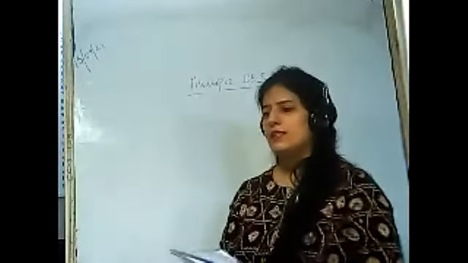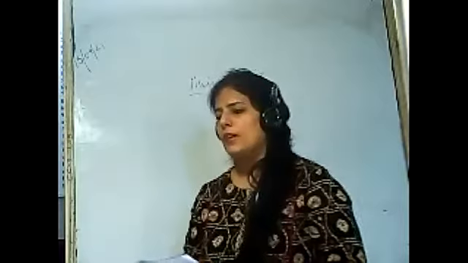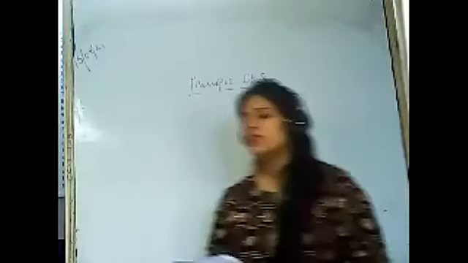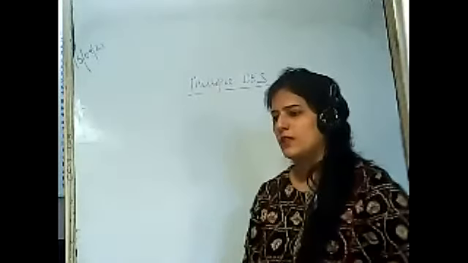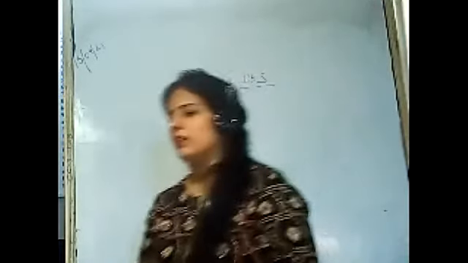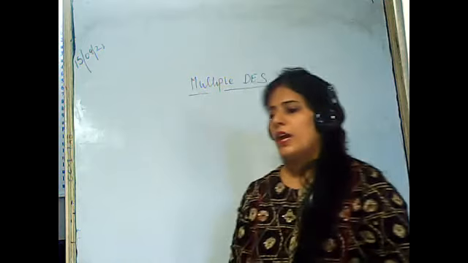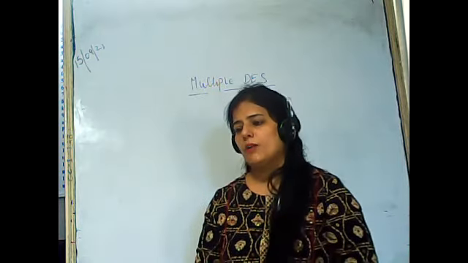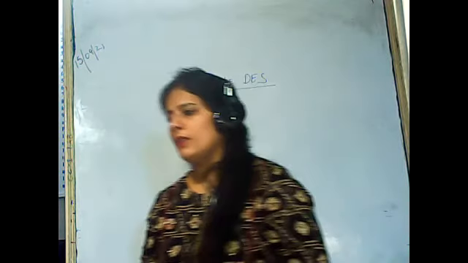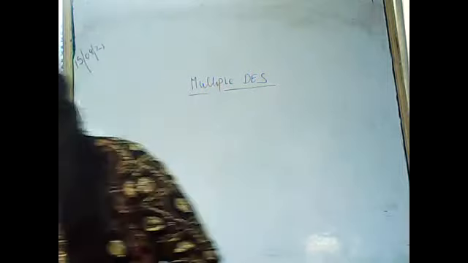Okay, so in the last session, if you remember, we discussed the DES portion, and we saw that there are some features of DES: it contains Feistel rounds, it is a symmetric process, and there are a total of 16 rounds. After the completion of the 16 rounds, we get the ciphertext output. Right. So here again we are doing multiple DES.